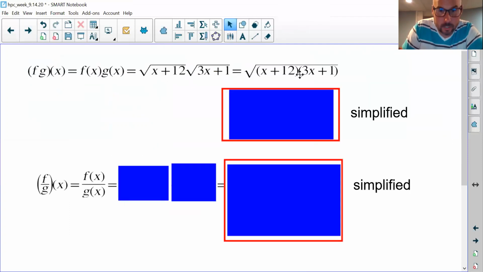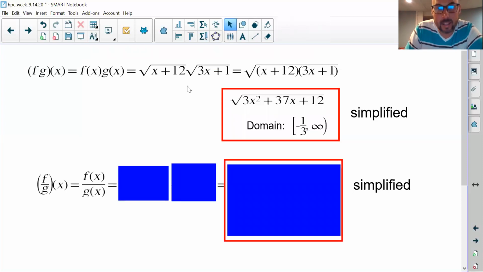F times g. Well, you have two separate domains, and when you're combining them, you need a domain that they both agree on. And here, your homework is going to be on My Math Lab, and My Math Lab, God bless it, wants you to simplify. This is great practice because multiplying two binomials is an Algebra 1 skill, and there are a lot of Algebra 1 questions on the SAT.